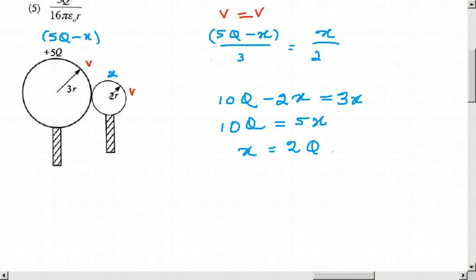So now let us delete this x and write x equals 2q and 5q minus 2q is 3q. Now separate.